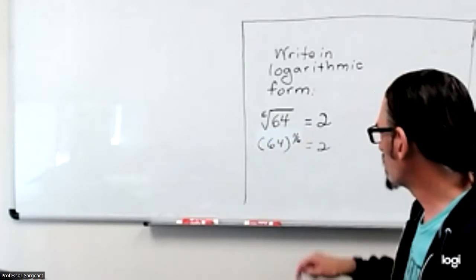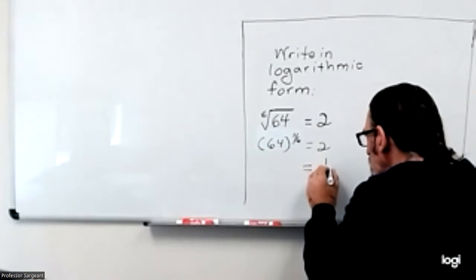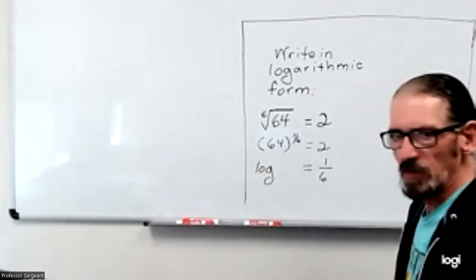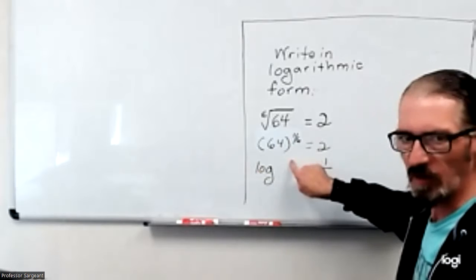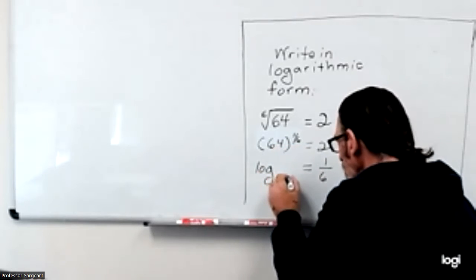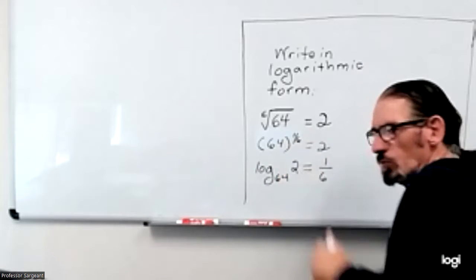Since the answer to a logarithm is an exponent, then the question is, what's the base and what are we taking the logarithm of? Well, the base is 64. And by a process of elimination, that just leaves the 2.